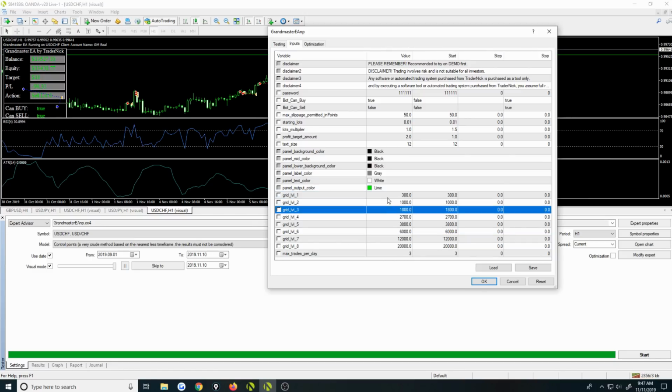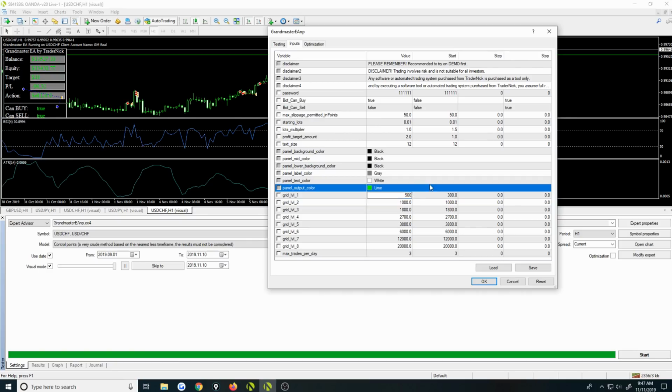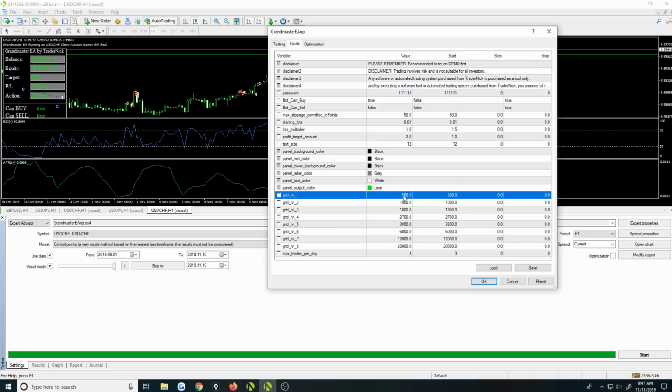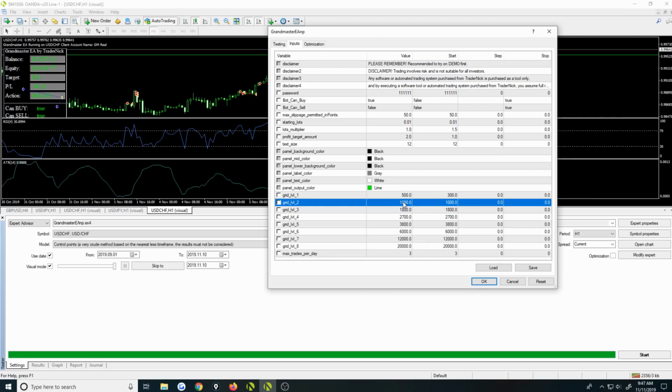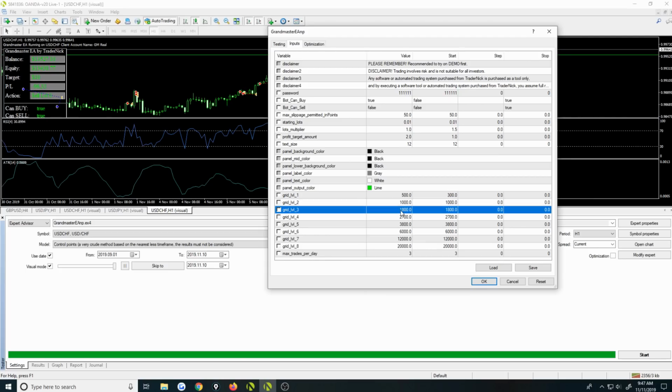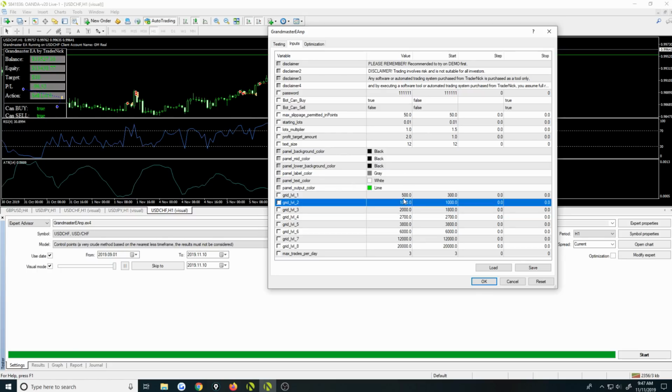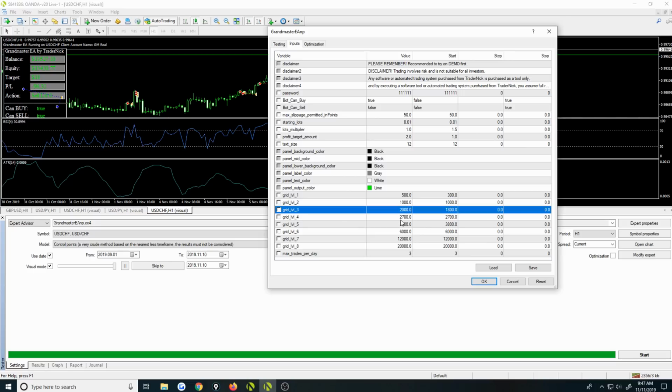For example, you could set this to take a secondary trade at 50 pips of drawdown, or 500 points of drawdown. Then you could set it to take another one at 1,000, and another at 2,000. This is going to come down to how you want to use the system and how conservative or aggressive you decide to be with it. Then you just set it and let the robot do its thing.